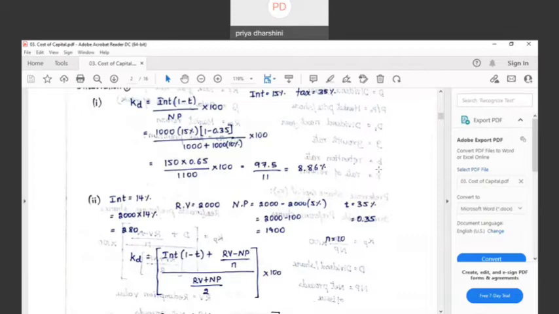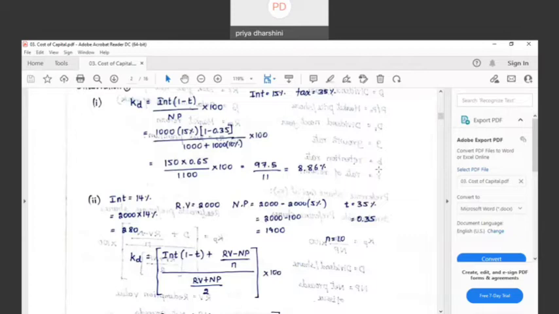Coming to the second part of the question: 10-year 14% debentures of 2000 redeemable at par with 5% flotation cost. N, the life, is 10 years. 14% debentures means the rate of interest is 14%. On what do you compute interest? On face value.